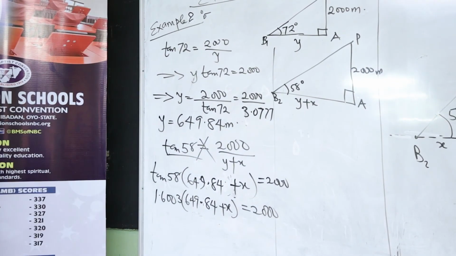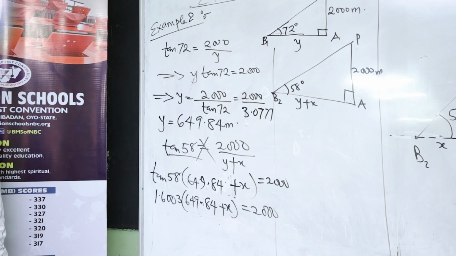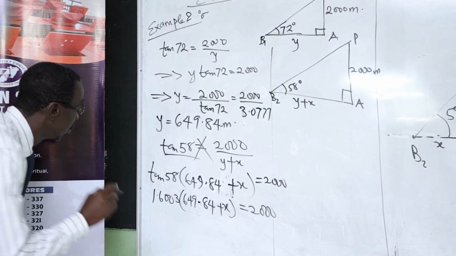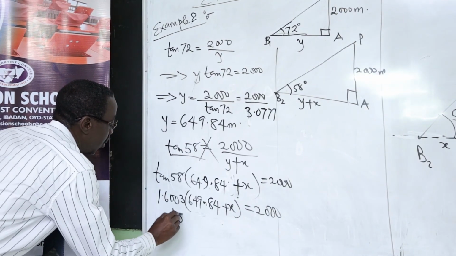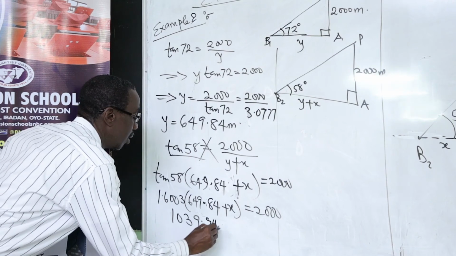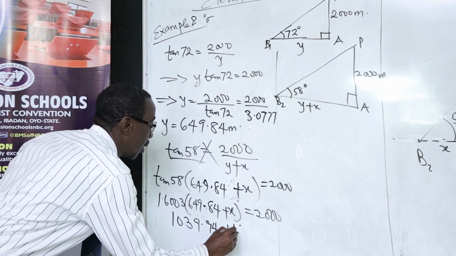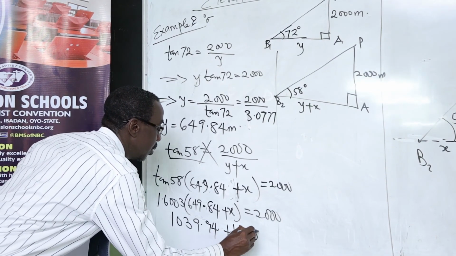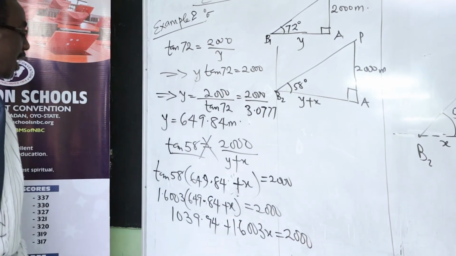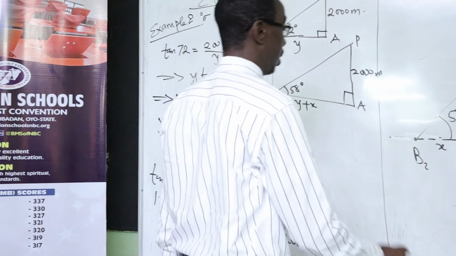Opening the bracket, 1.6003 times 649.84. What's that? 1039.94 plus 1.6003x will be equal to 2,000. That's the equation we want to solve.